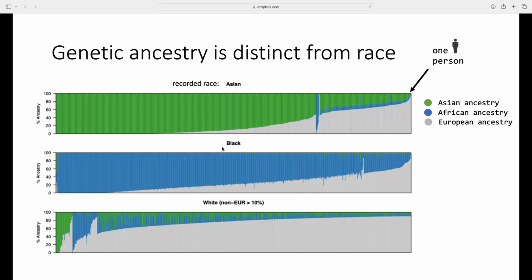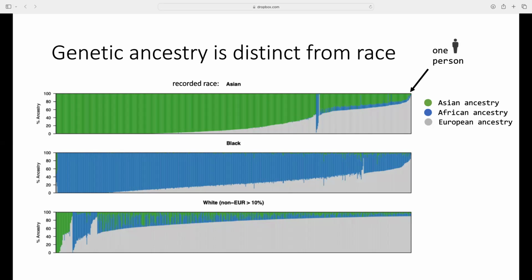Individuals who are recorded as Black have differing and varying proportions of admixture of African and European ancestry. And even some subset of individuals who are recorded as white actually have a predominance of non-European ancestry or, again, admixture from multiple reference populations.